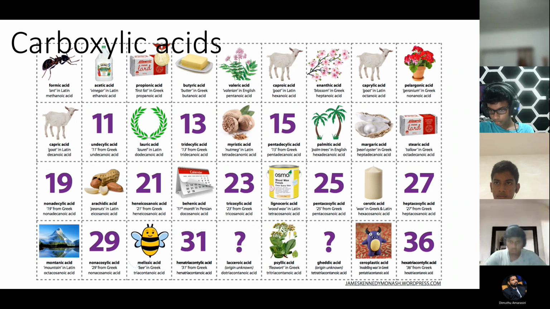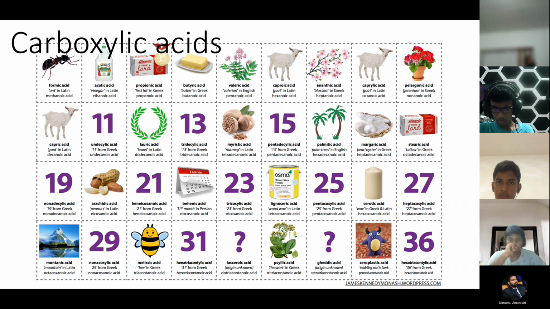The first one, methanoic, is in the ant sting. Acetic acid, or ethanoic, is in vinegar. And propanoic acid, propionic acid as the general name, is in certain butter.